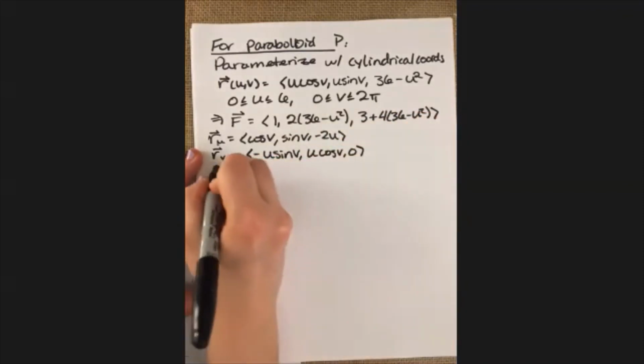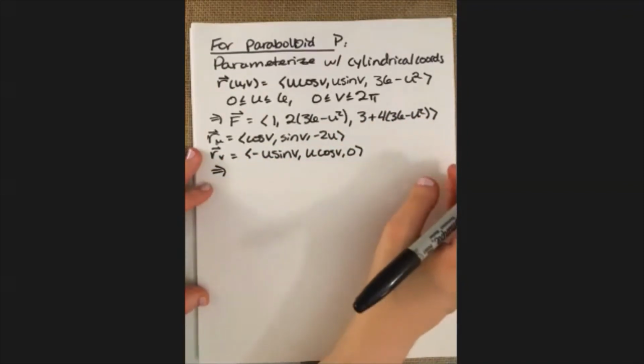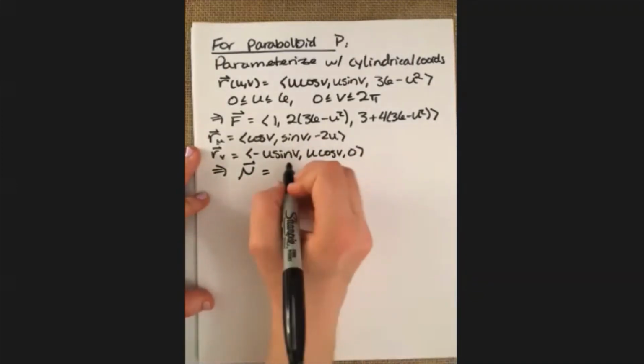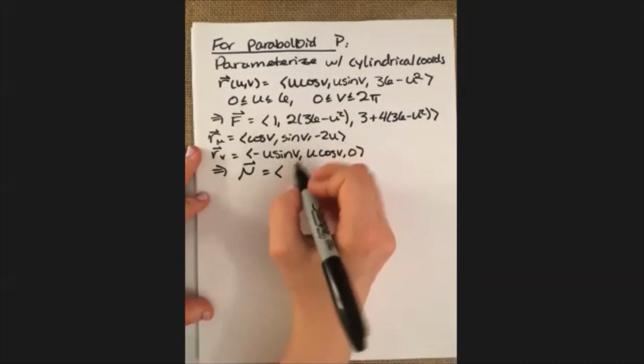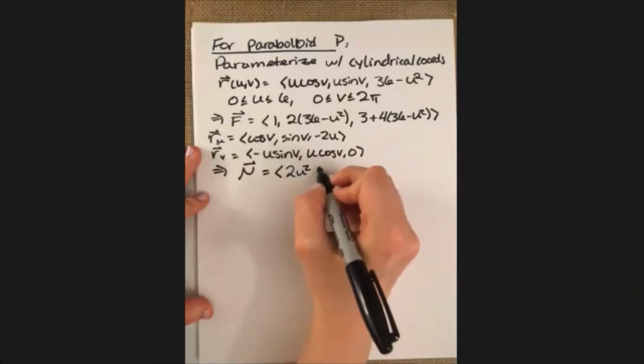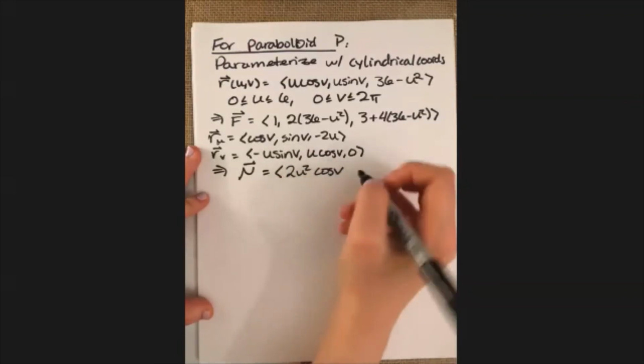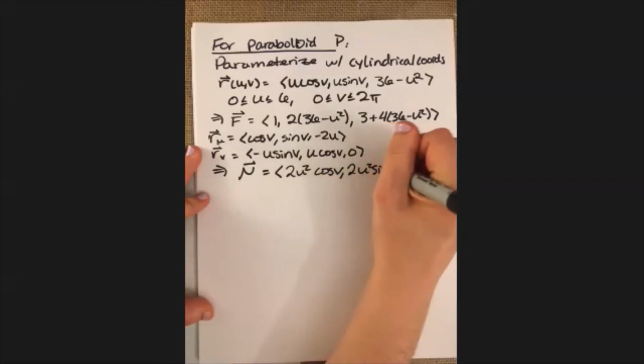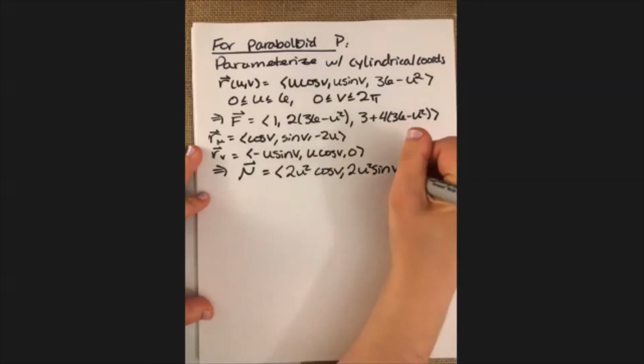It's a pretty straightforward computation to get the cross product of those two, so I'm just going to give it to you. N is equal to (2u squared cosine v, 2u squared sine v, u).